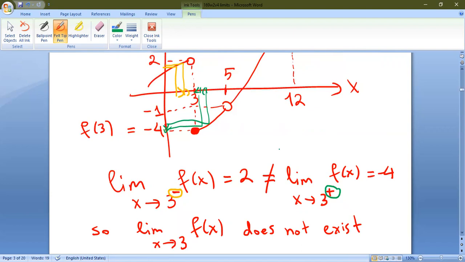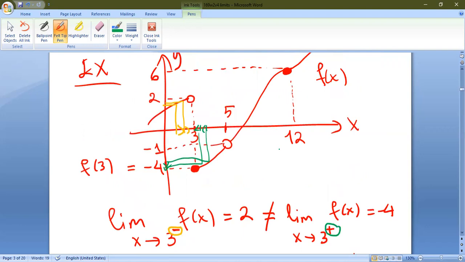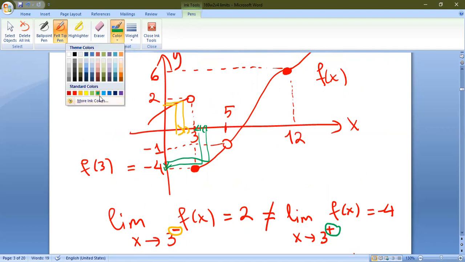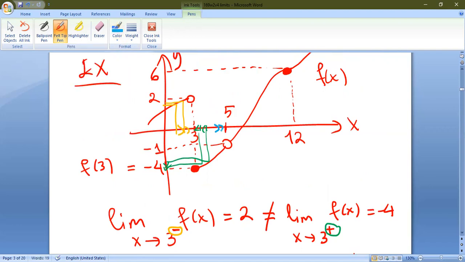But then look at 5. What happens from both left and right? When we approach 5 from left and right, the outputs will approach -1, right? So let's draw that with some different color. If we approach 5 from the left, the outputs are approaching -1.